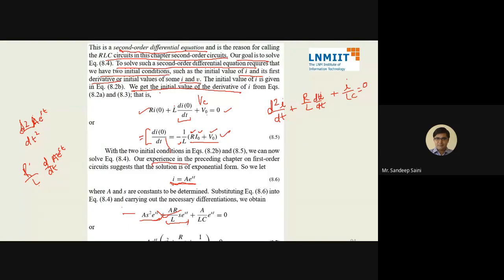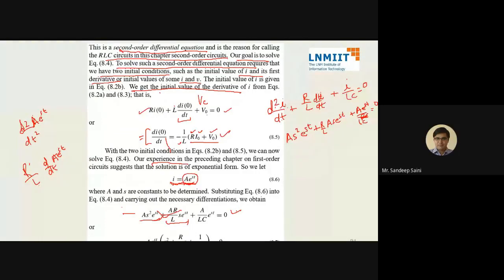In this equation, put I is equal to A e raised to power st. So the second derivative is A s square e raised to power st, plus R by L into A s e raised to power st, plus A e raised to power st by LC, equal to 0. That is the equation I got. Any issues till this point?